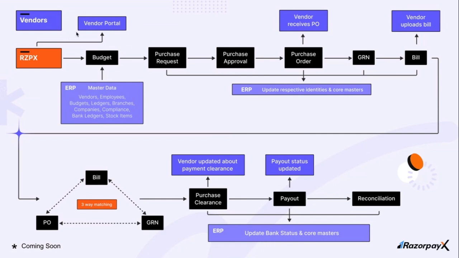So your vendor, the business's vendor, can access PO related information and invoice related information, status of his payout, everything from his vendor portal. And most of it is being done through integration with your ERP and the entire process.